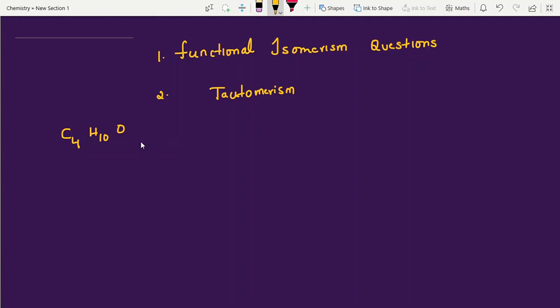C4H10O: here we are writing 4 alcohols, 3 ethers. 4 alcohols, 3 ethers possible, totally 7.